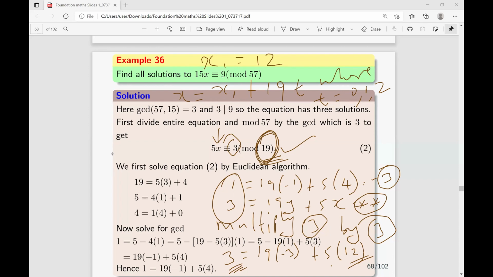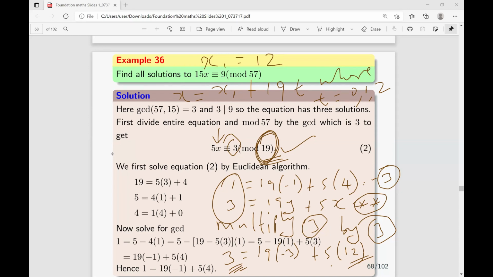I've said 0, 1, 2 because we want 3 solutions. Is that okay? The first solution is when t is 0. The second solution is when t is 1. And the third solution is when t is 2.